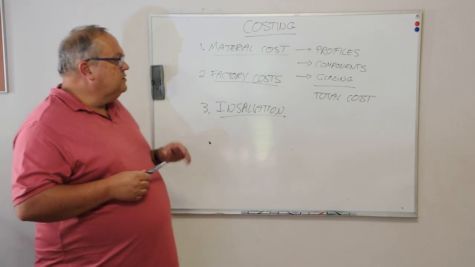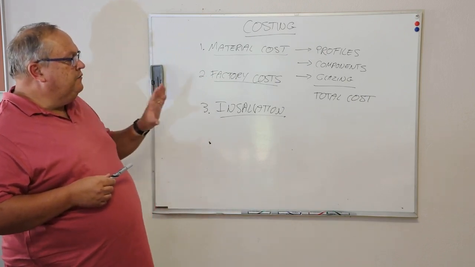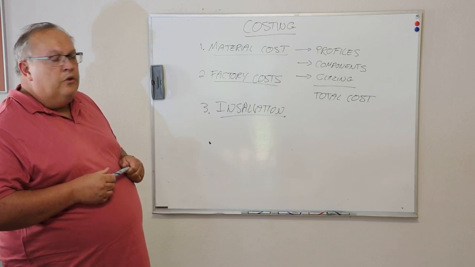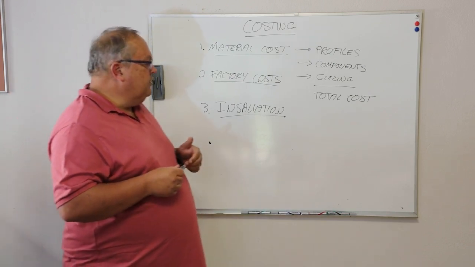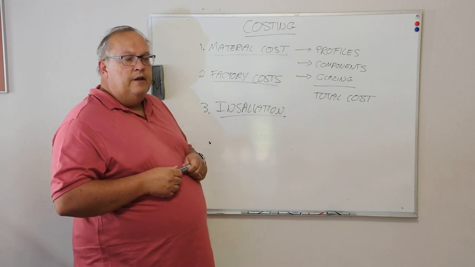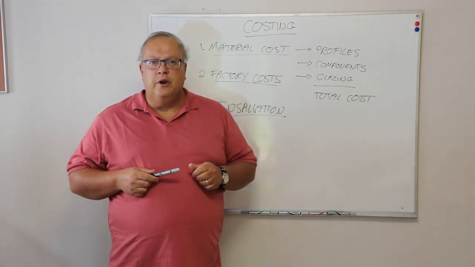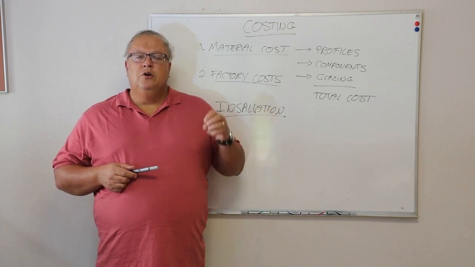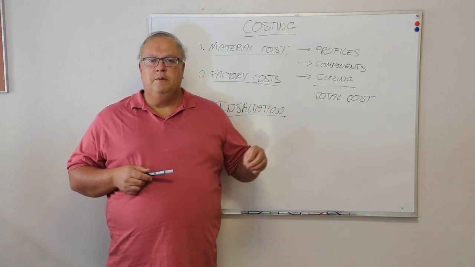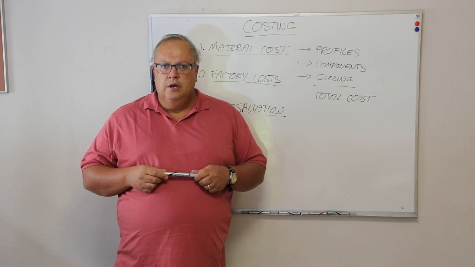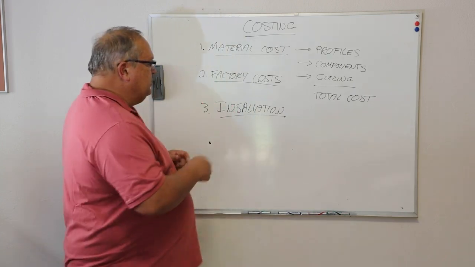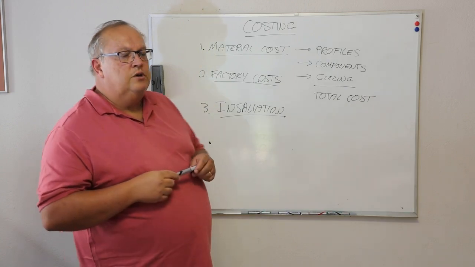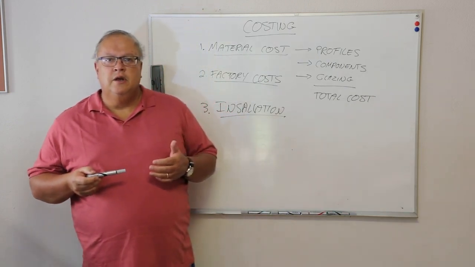And for that reason, StarFront allows you many different ways of determining your installation cost. The way that we normally teach in the training courses is as you design each window, you will simply give an estimate of how long it should take for your team to install those windows. So one of the big differences between installation costs and factory costs is your installers are going to work in teams.